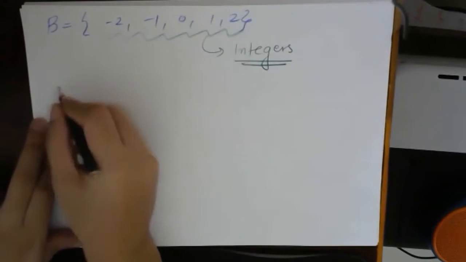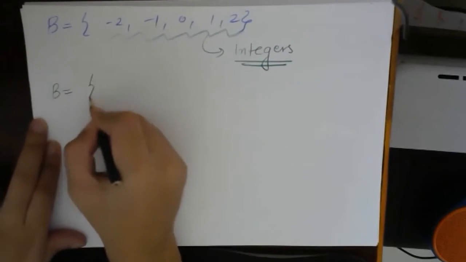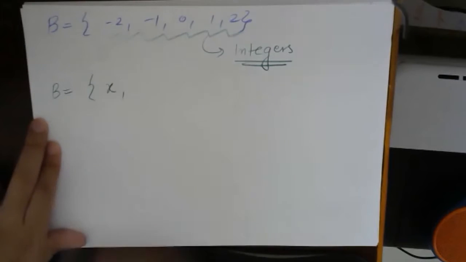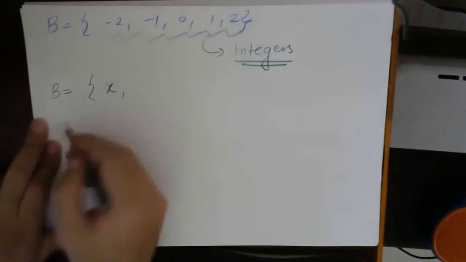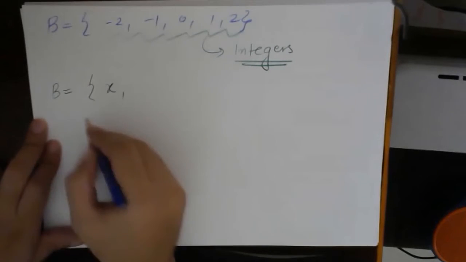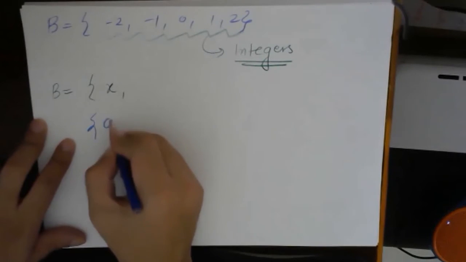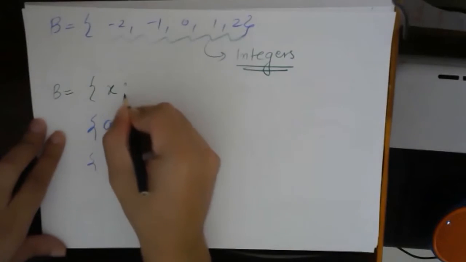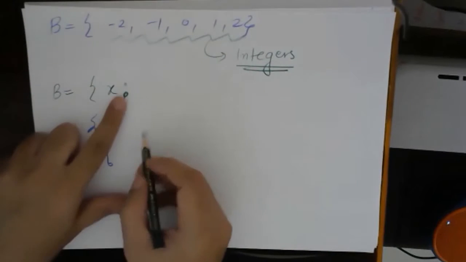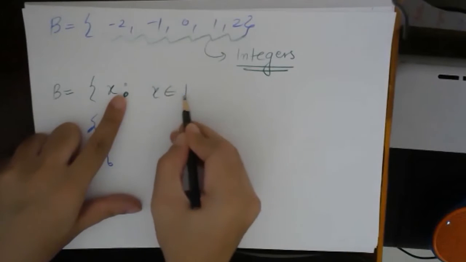So I can write it in this form: B is a set which contains element X. You can also write B is a set which contains element A, anything. This is just a name, such that X belongs to integers.